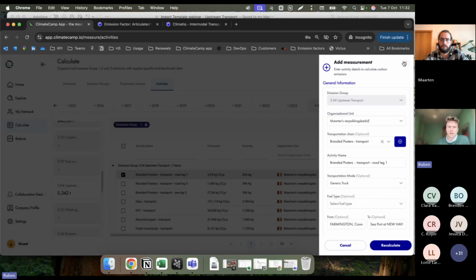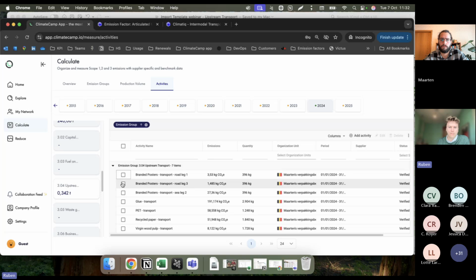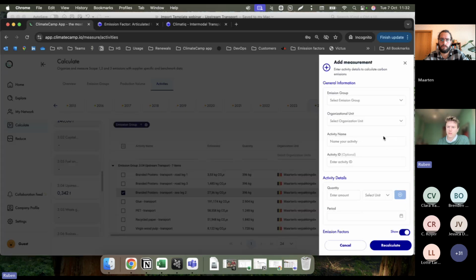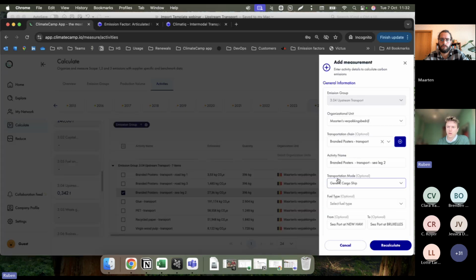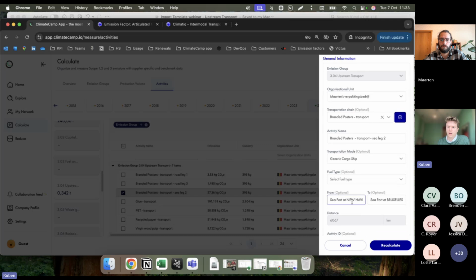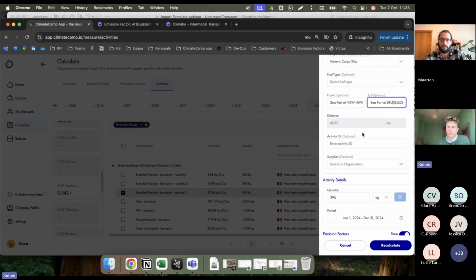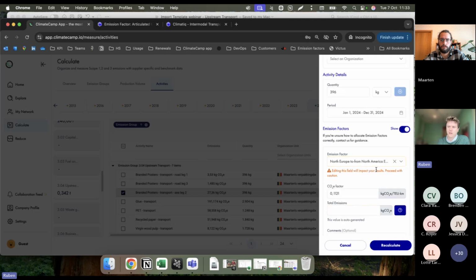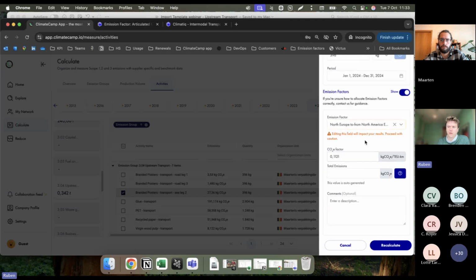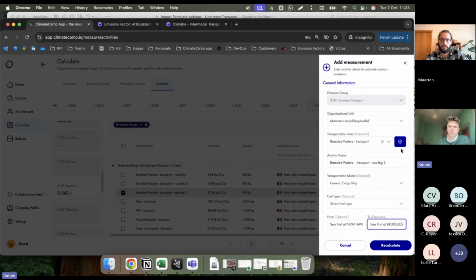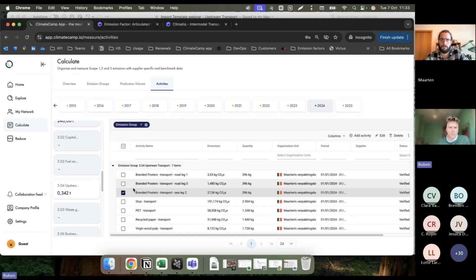For the transportation over sea, in this case, it will be a generic cargo ship going from that port to a specific port in Belgium, which has a different distance. And of course it also has a different emission factor, as it's sea transport. That's a bit how it goes.